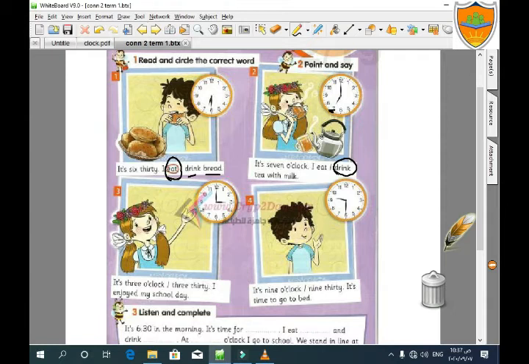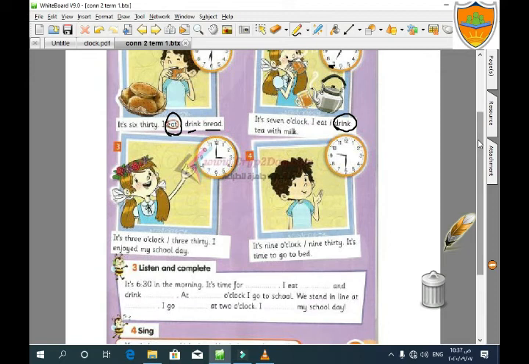Picture number 3. It's 3 o'clock or 3:30. I enjoyed my school day. Let's look at the clock. The short hand is on 3 and the long hand is on 12. So what time is it? It's 3 o'clock.